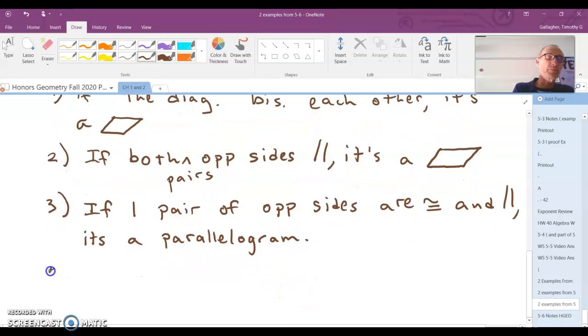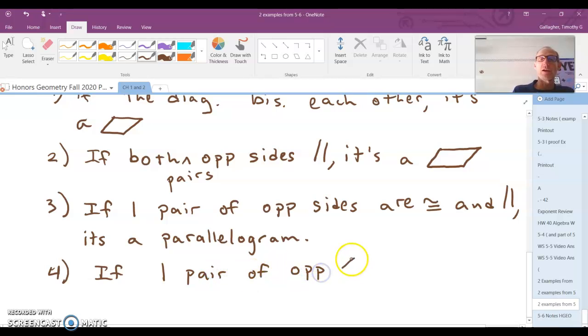Number 4: if one pair of opposite angles are congruent, it's a parallelogram.